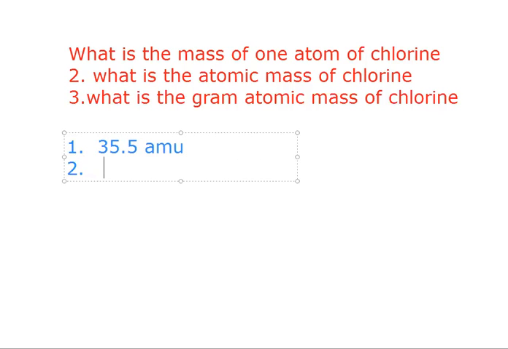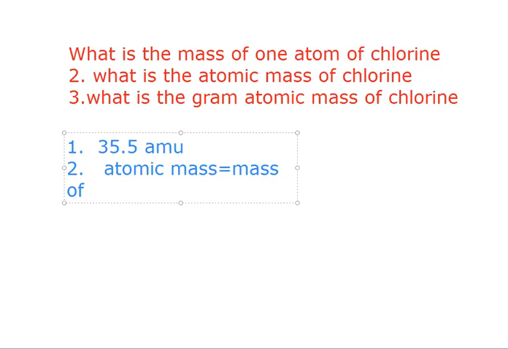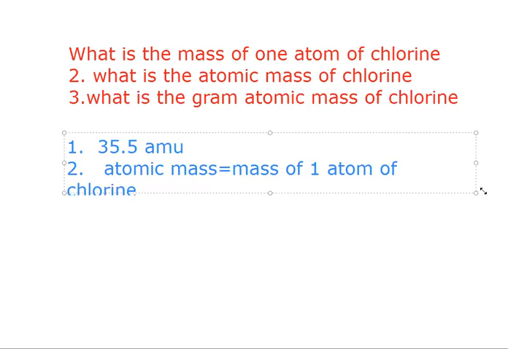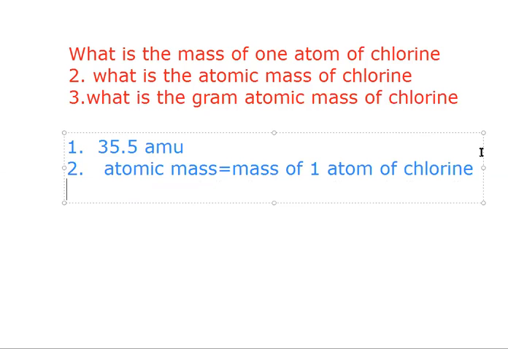Now let us go for the second one. Here it is asking what is the atomic mass. Now we have the formula: atomic mass equals the mass of one atom of chlorine divided by 1 AMU.